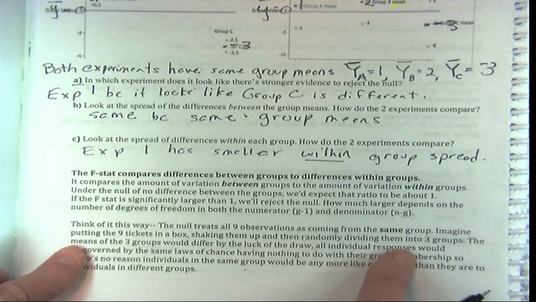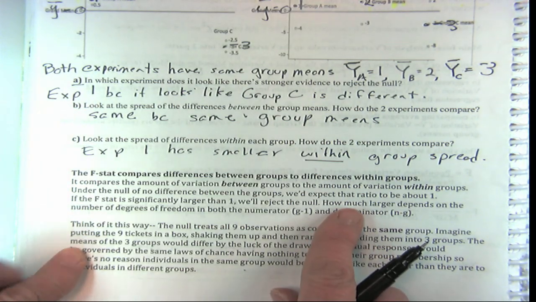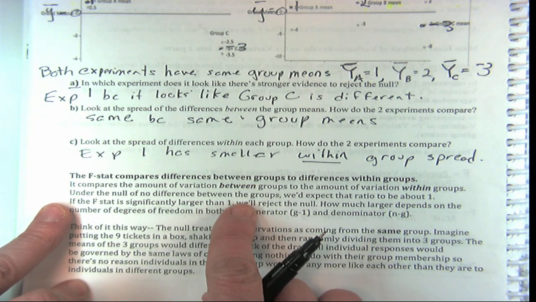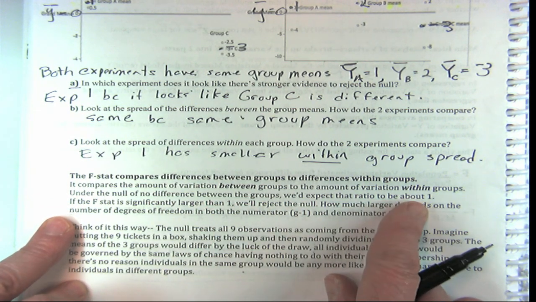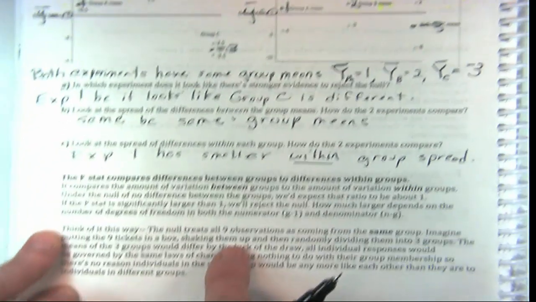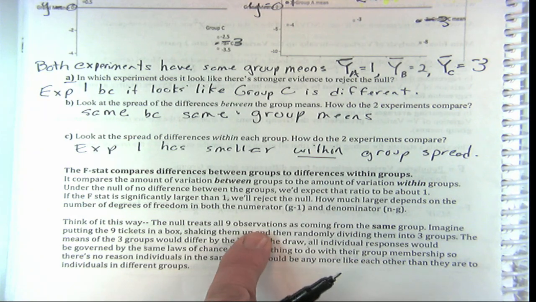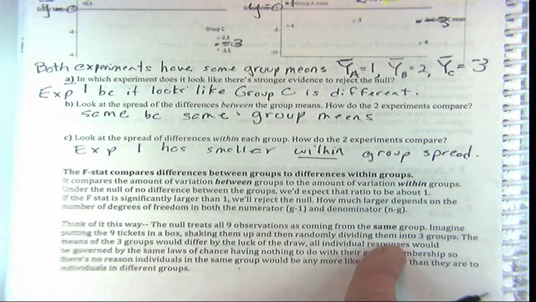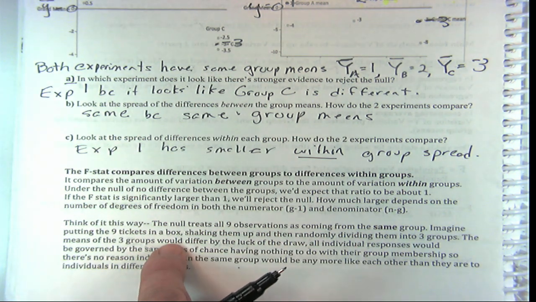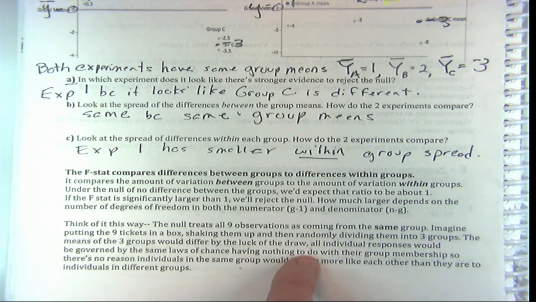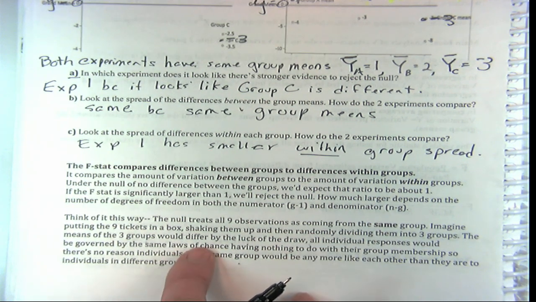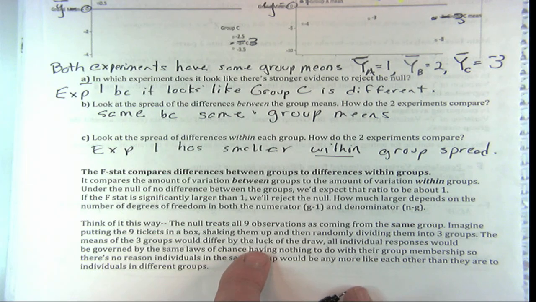Okay? So under the null of no difference between the groups, we'd expect that ratio to be about 1. The spread of these would be no different. Think of it this way. Treat all 9 observations as coming from the same group. If you imagine putting the 9 tickets in a box, shaking them up, and then randomly dividing them into 3 groups, the means of the 3 groups would differ just by the luck of the draw.